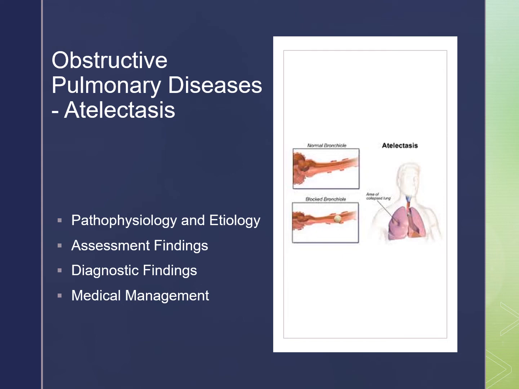We diagnose with chest x-ray, ABGs, and pulse oximetry results. We have to improve their ventilation, may require suctioning, deep breathing exercises, coughing, which helps expand that alveoli, bronchodilators, humidification, and oxygen.